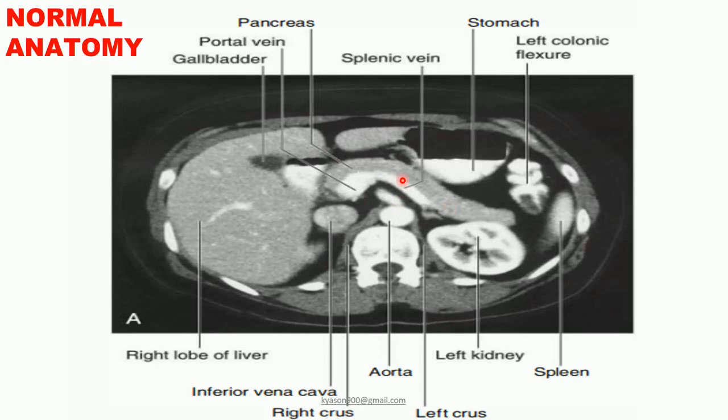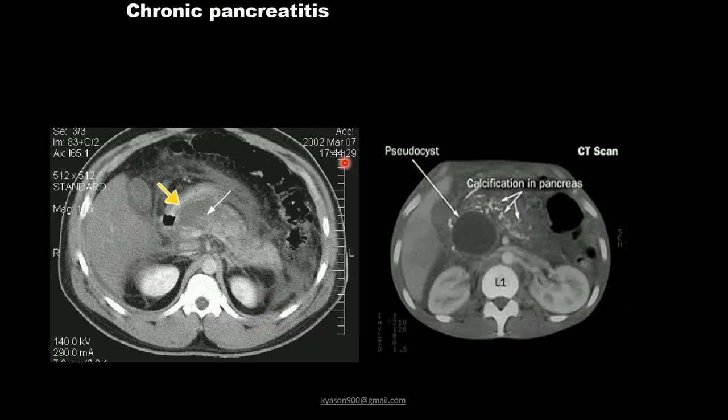Of course, you can see behind the body we have the splenic vein that's going to join with the superior mesenteric to form the portal vein. Okay, among other relations which I don't want to repeat. The abdominal aorta is behind the pancreas. The left kidney is behind the tail of the pancreas. Okay, all these I don't want to repeat. We've already talked about them.